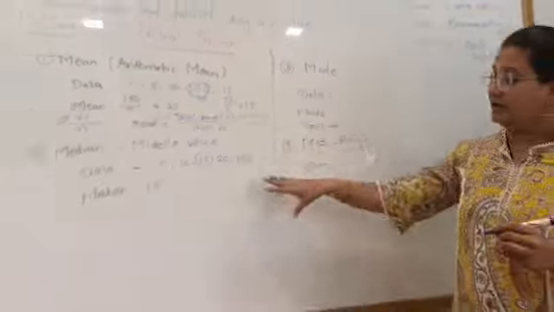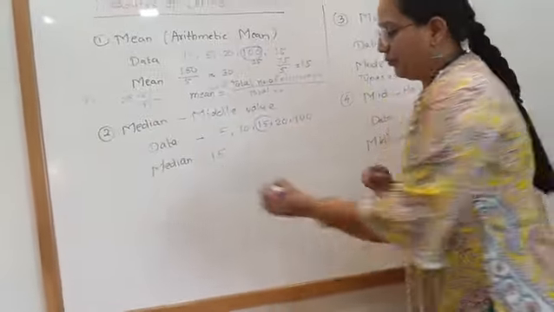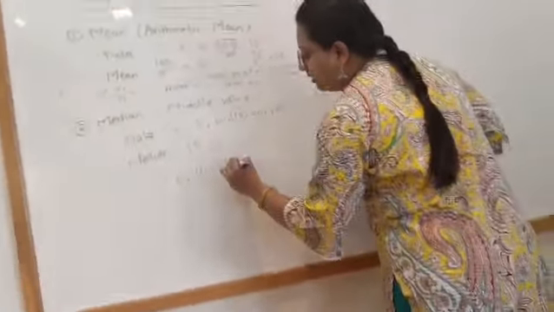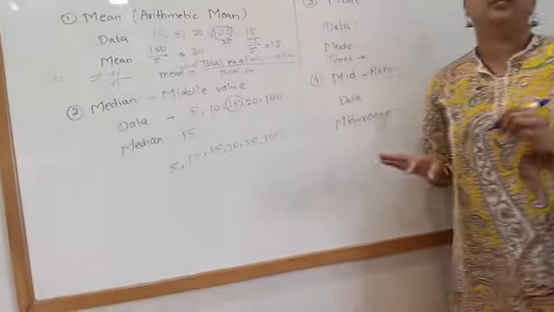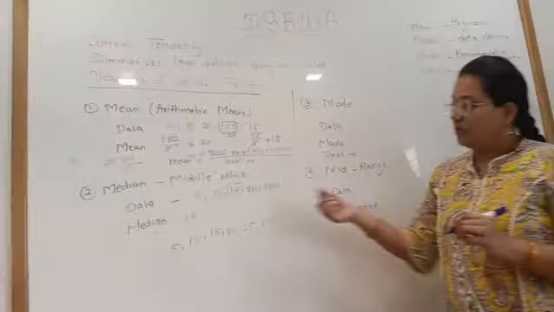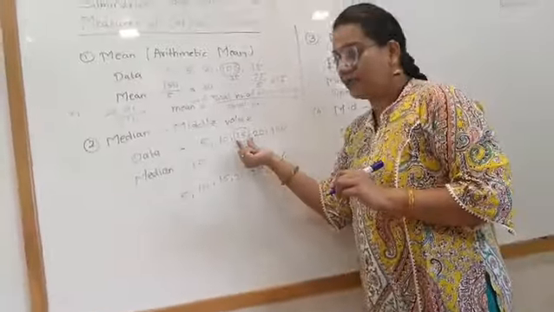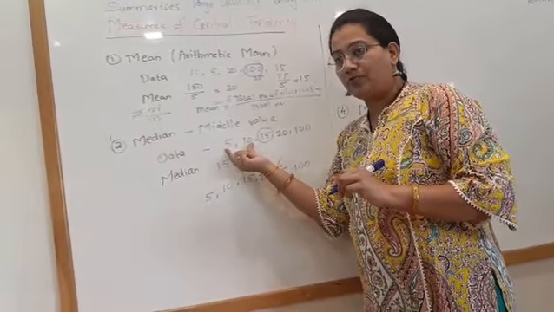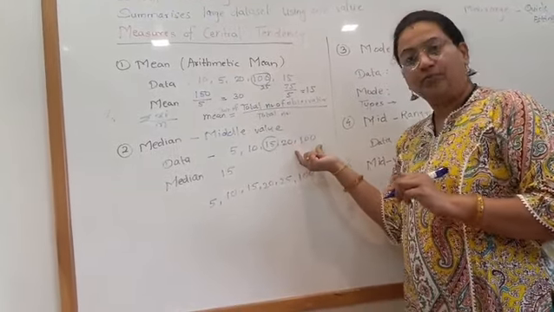If I add another value here, suppose 25. Suppose my data is 5, 10, 15, 20, 25 and 100. So how do I calculate the median here? Median divides the data set into equal parts. Thus 15 divided the observations into two equal parts. There are two observations at the left side of the 15 and two observations at the right side of the 15.